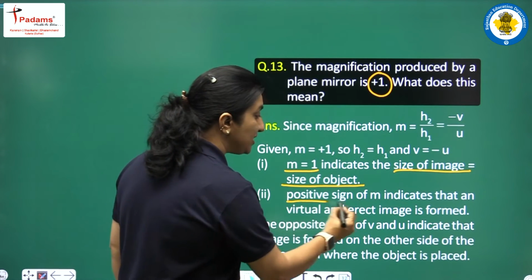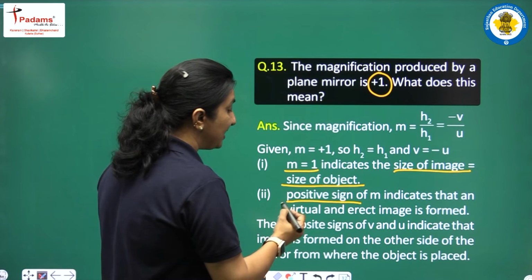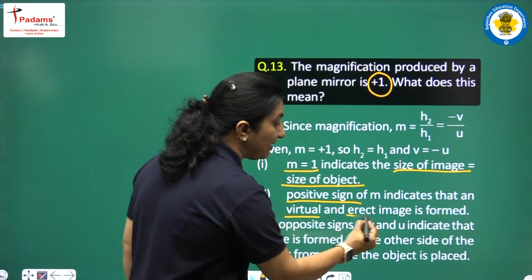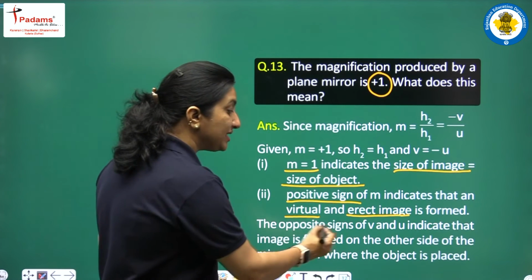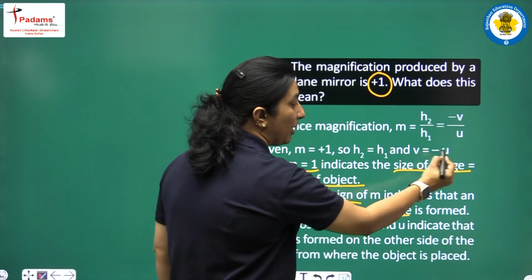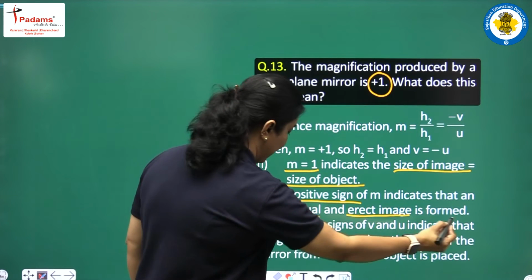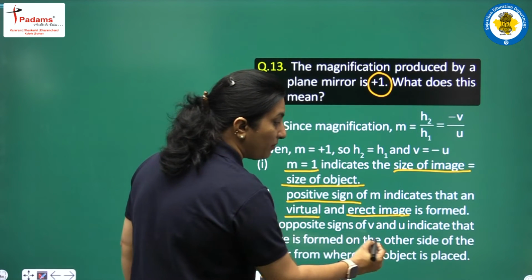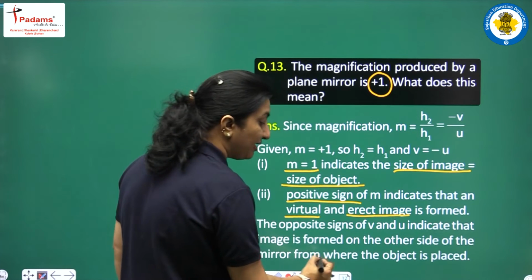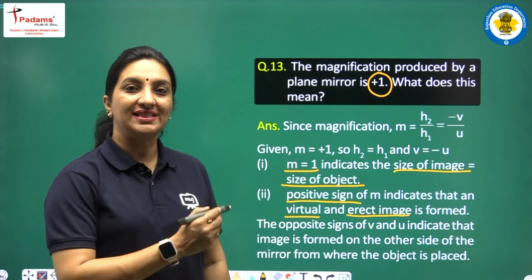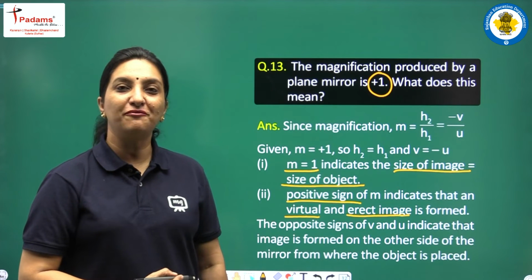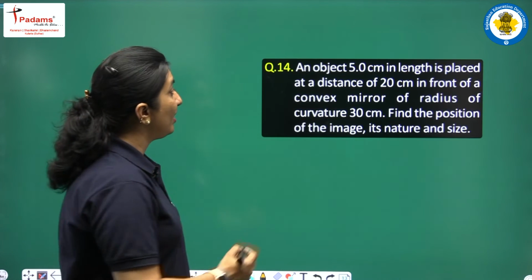Secondly, the positive sign of M indicates that a virtual and erect image is formed. The opposite signs of V and U indicate that the image is formed on the other side of the mirror from where the object is placed. So this is the answer writing portion for this question.